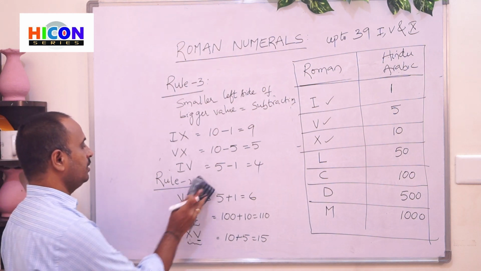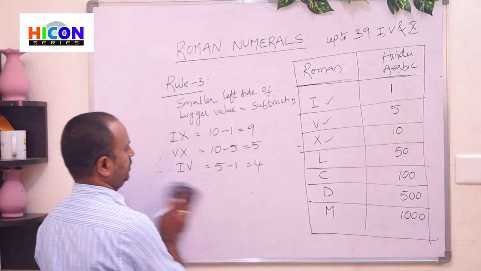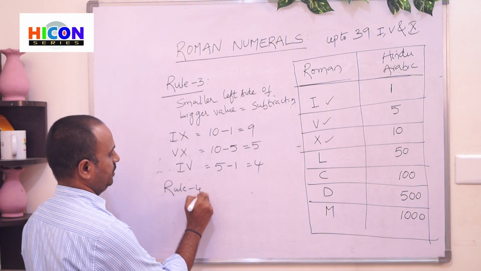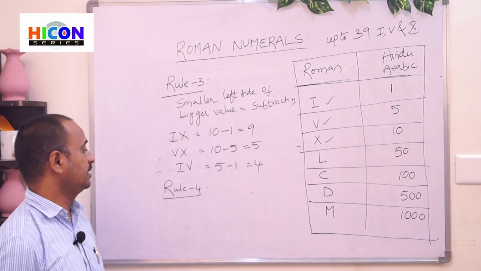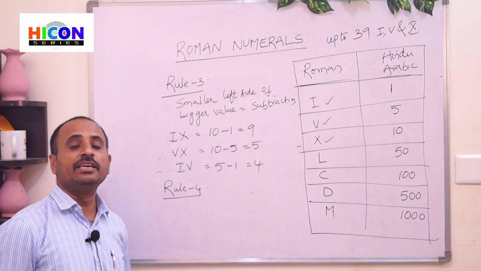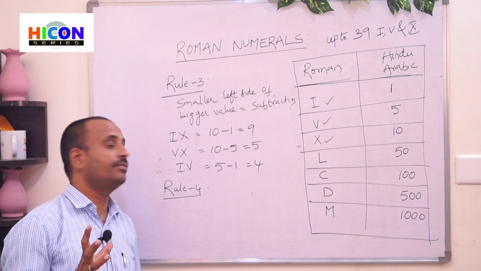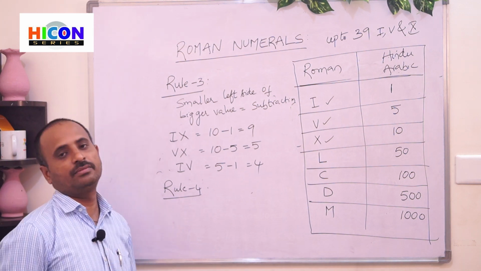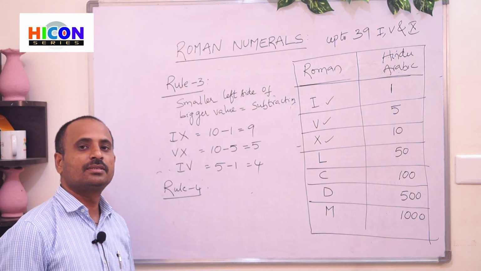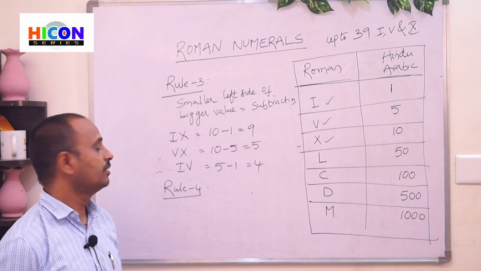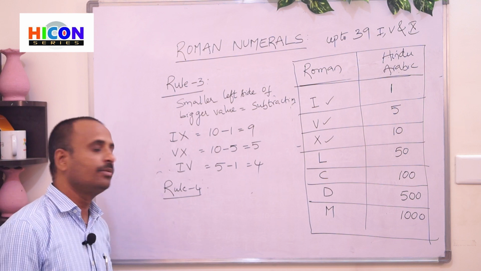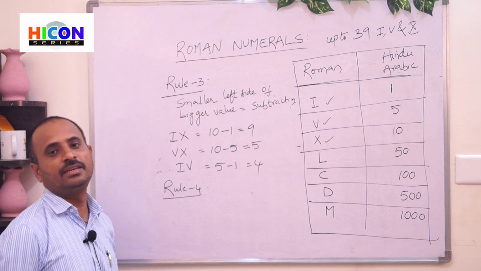Next, rule number 4. So what is rule number 4? Children, listen carefully. If a value is placed in between numbers having a greater value, then we have to subtract it from the value present on the right side.